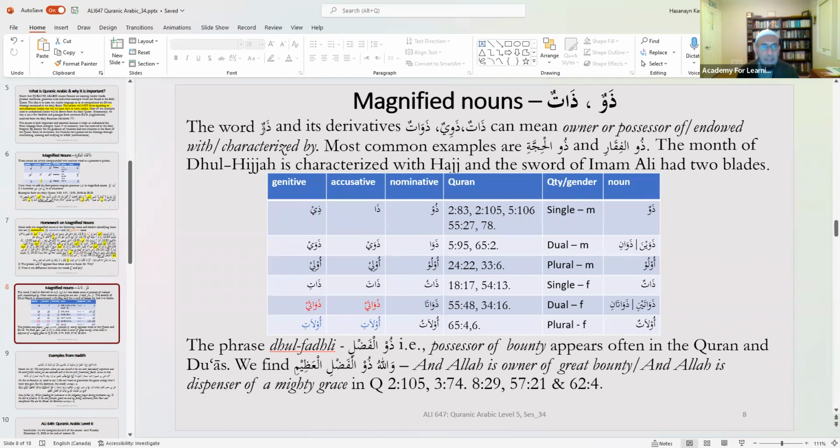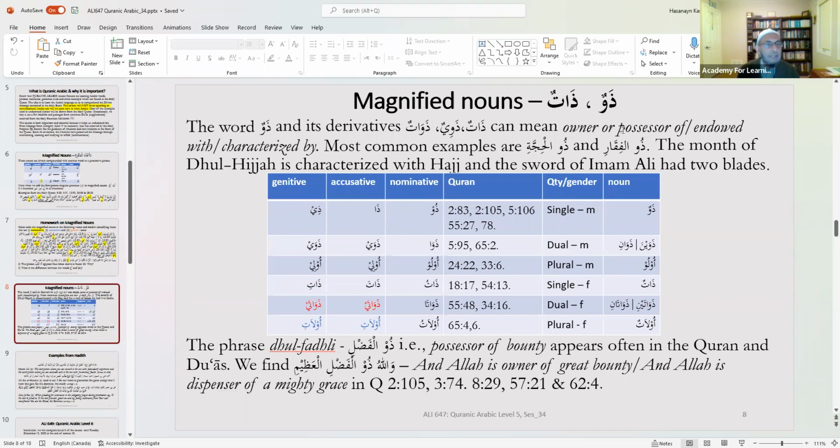What does it mean, right? The word dhu and its derivatives, dhawatun, dhawiyun, dhatun, can mean owner or possessor of, or endowed with, or characterized by. All these are the meanings. For example, dhu mal. If somebody is rich, we say huwa ghaniyun, or you can also say huwa dhu malin.